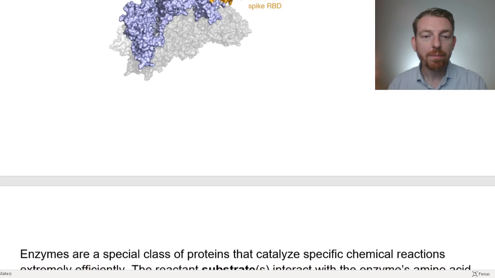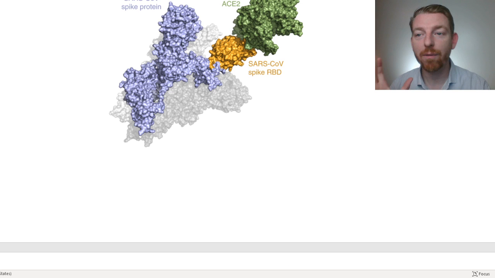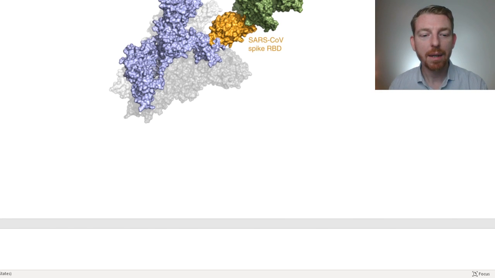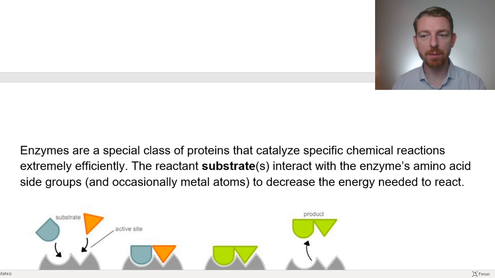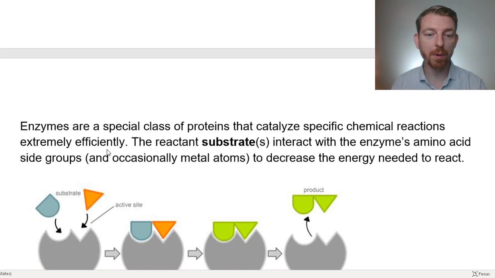Okay, so that's one of the major proteins that's on the surface of the coronavirus in that gray and red picture that's quite famous now. These are the red proteins that we're looking at. But it's not the only protein that it has on its cellular surface. Another one is a type of enzyme. Enzymes are special proteins that catalyze chemical reactions very, very efficiently.